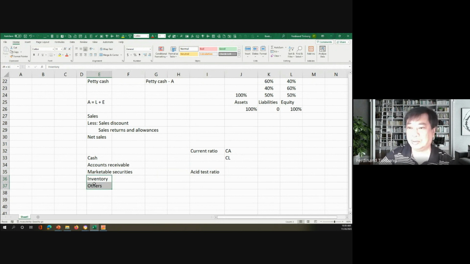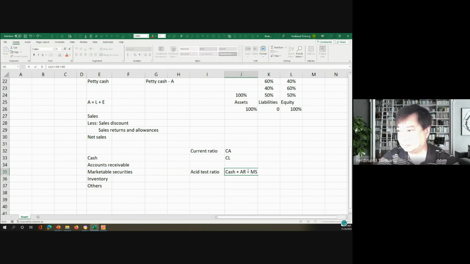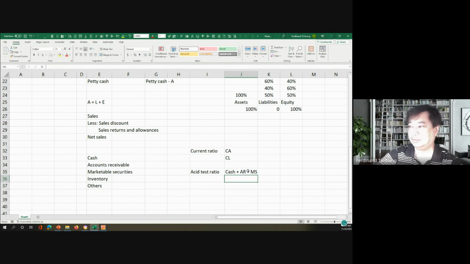Tinanggal yung dalawang yan. So ang natira ay cash plus accounts receivable plus marketable securities, all over current liabilities.